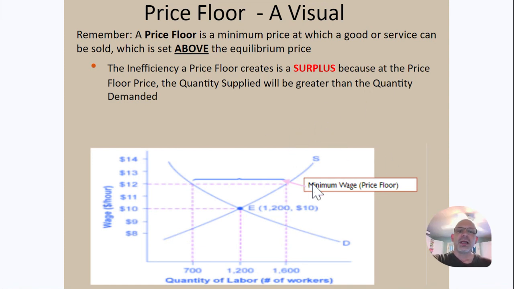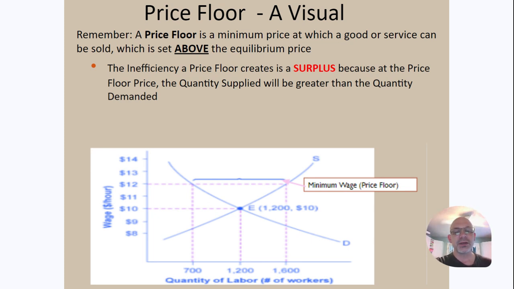Okay. Now, one of the arguments against minimum wages is that you put in a minimum wage above the equilibrium wage for low skilled workers, and you're going to create a situation where there are more workers willing to supply their labor at that artificially higher wage than there are businesses that want to hire them at that wage.